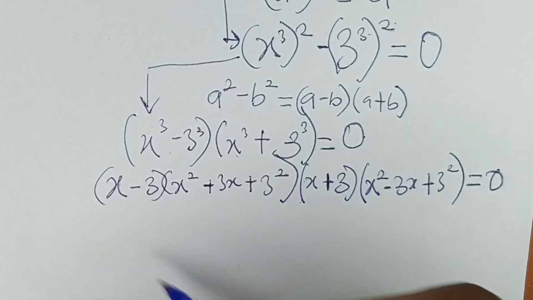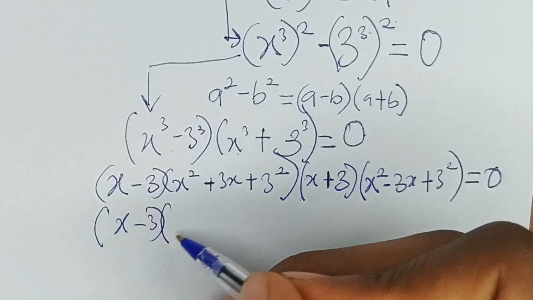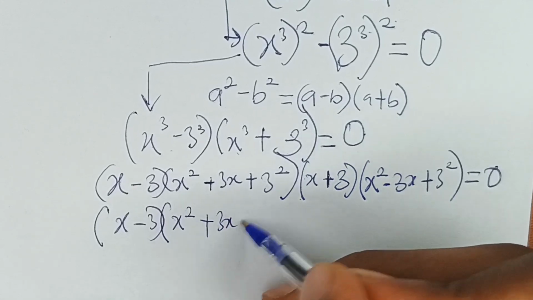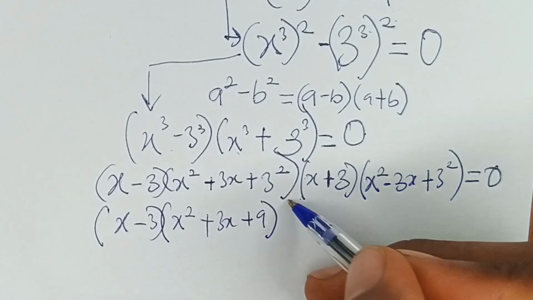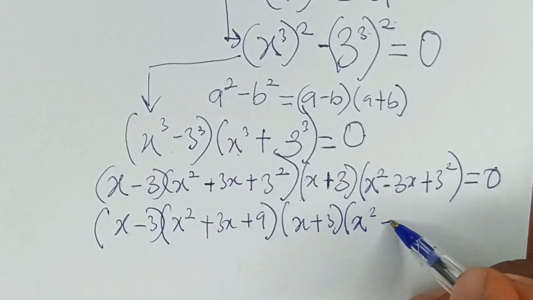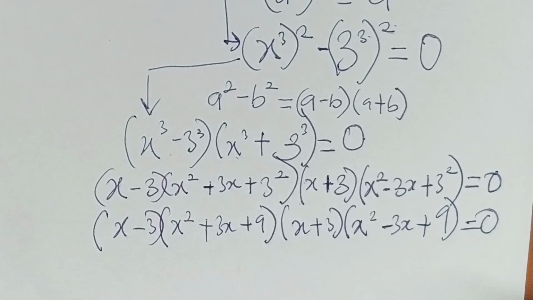Moving on from here, we have x minus 3 into x squared plus 3x plus 9, multiplied by x plus 3 into x squared minus 3x plus 9, is equal to 0.